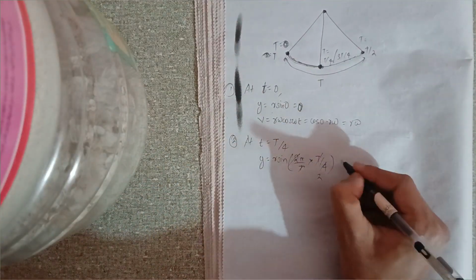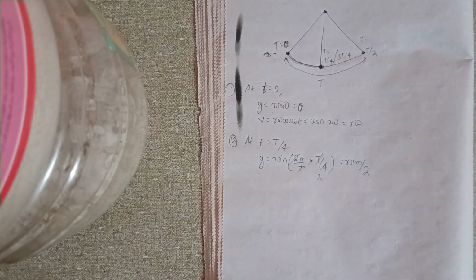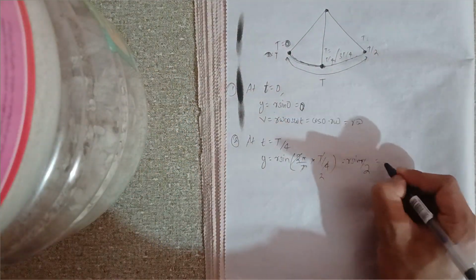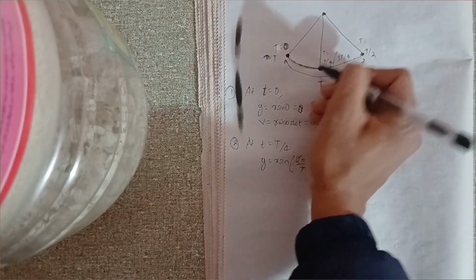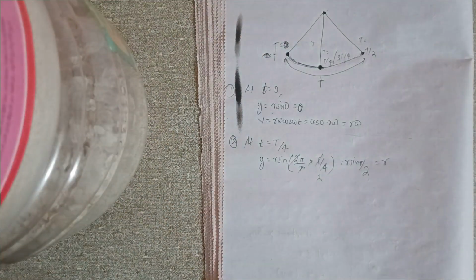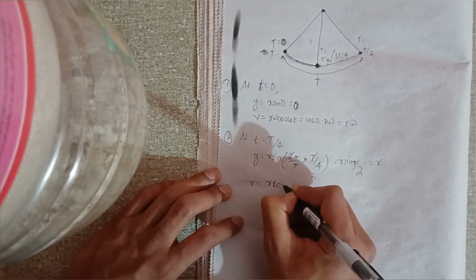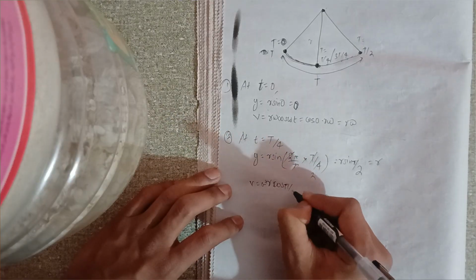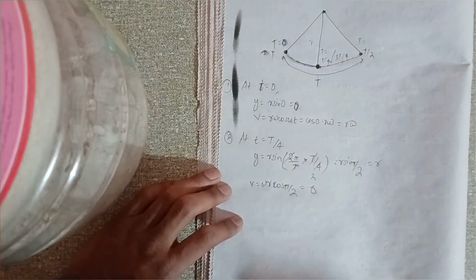So it will be pi by 2, equal to r sine pi by 2. And what is sine pi by 2? 1. That is r. So while the particle comes here, the displacement is this radius, as I told you earlier. So r, and the velocity is r omega cos pi by 2. This will be cos pi by 2, so 0. The velocity here is 0.